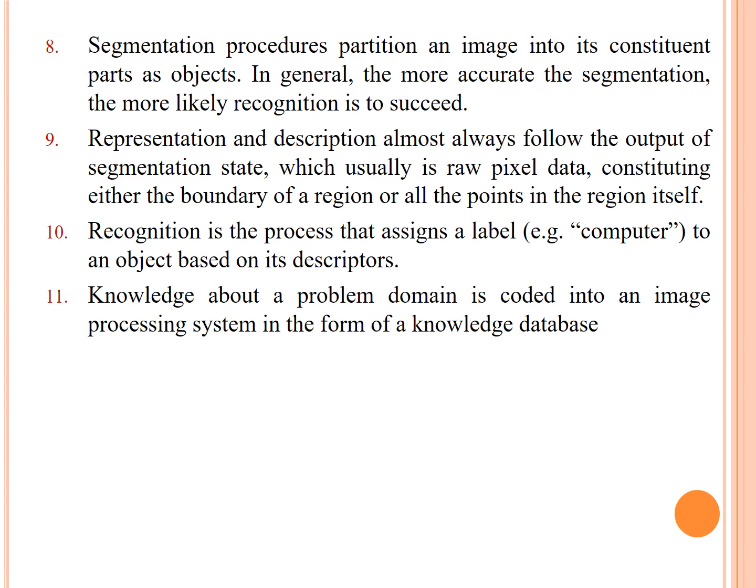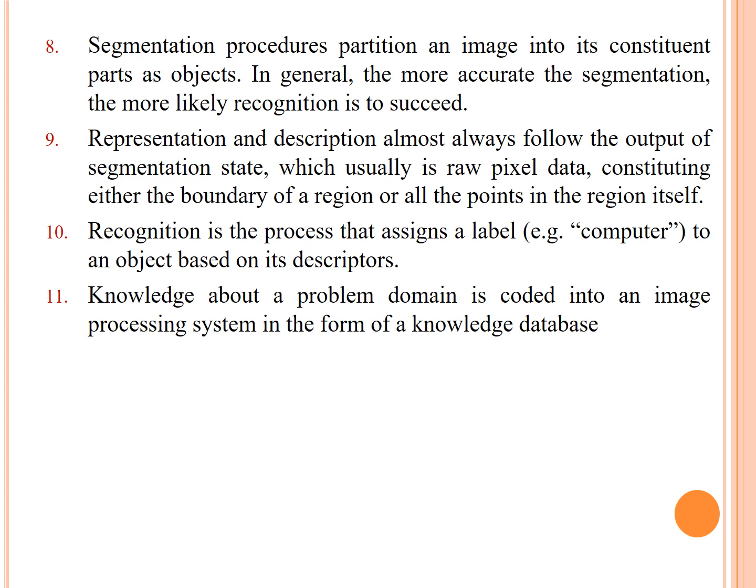The general autonomous segmentation is one of the most difficult tasks in digital image processing. A rugged segmentation procedure brings the process a long way towards successful solution of imaging problems that require objects to be identified individually.